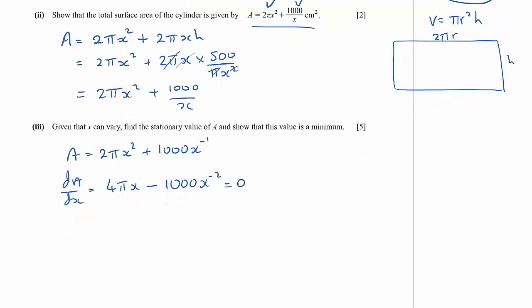And we need that to be equal to 0. So 4 pi x is going to be 1,000 x to the negative 2. So remember, x to the negative 2 is x squared on the bottom. So x cubed is going to be 1,000 over 4 pi.